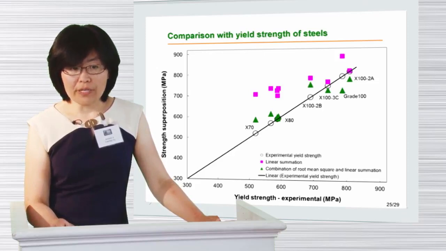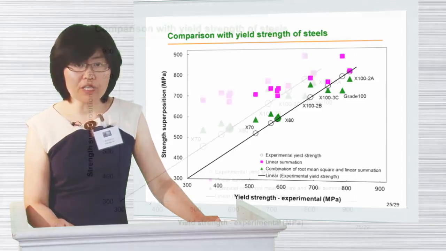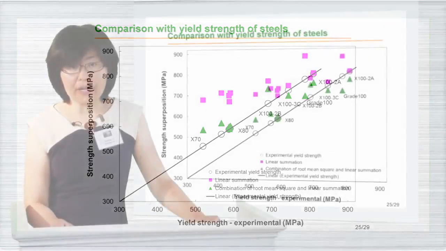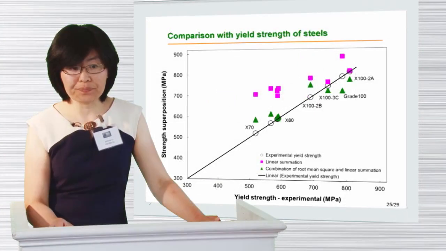If we use the linear function, this summation tends to overestimate the actual yield strength of the steel, because there may be a synergy effect between the grain size refinement and the precipitation strengthening effect. If we use the combination of the linear and root mean square, that fits much better. That's the green triangles shown here.